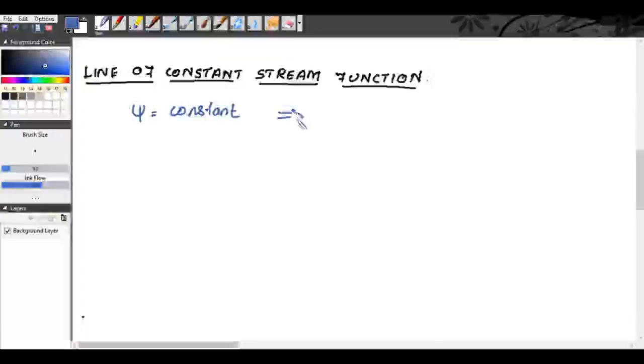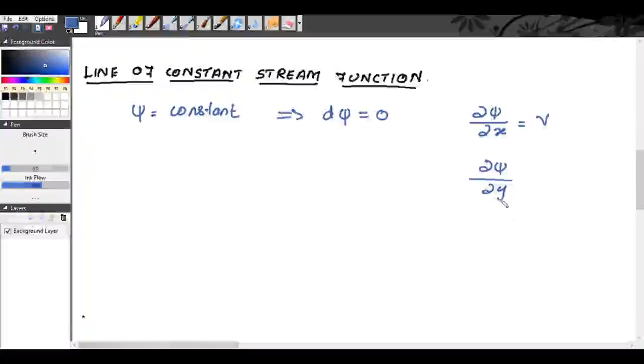So if psi is equal to constant, differentiation of psi will be equal to 0. Now, we know that dou psi by dou x is equal to v and dou psi by dou y is equal to minus u.